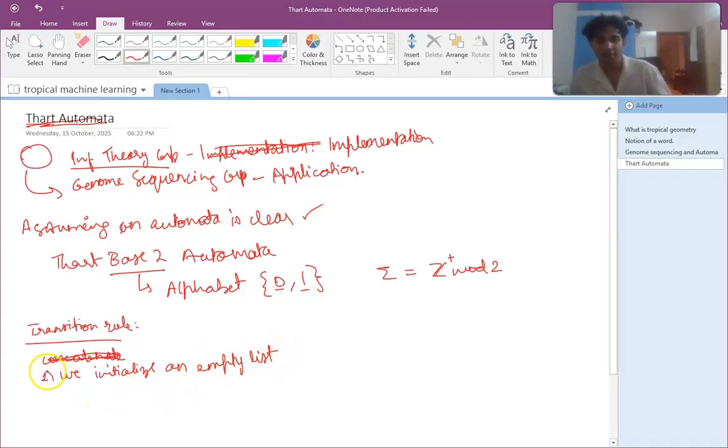Step 2: we concatenate a letter on two conditions, on the following conditions.